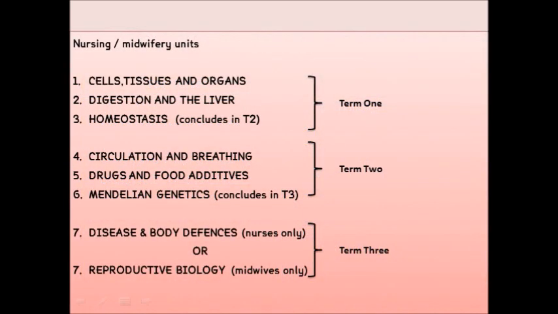How will this be split up throughout the course of the year? Well, as a rough idea, we aim to cover 3 units, or the best part of 3 units in the first term. In the second term, another 3. And then the final term will be a mopping up term in which we will concentrate on the specialist unit for the nurses or the midwives.